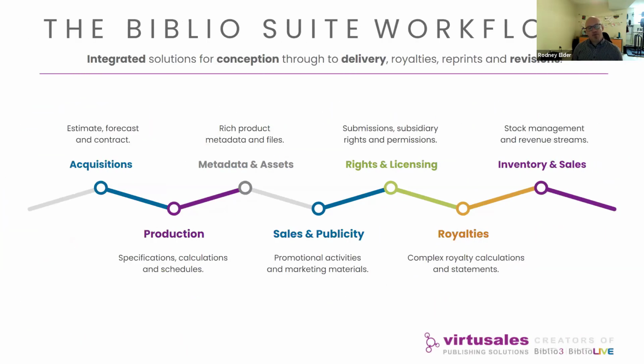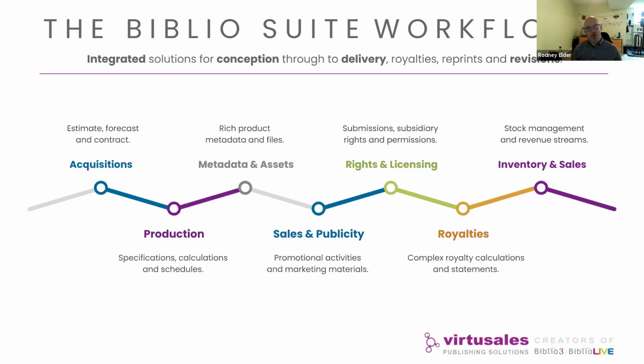So with Biblio, this year we're releasing our latest version, and it's a suite of workflows. Remembering that a workflow, as opposed to a module, allows someone in each department to do many different tasks across many different areas of software.